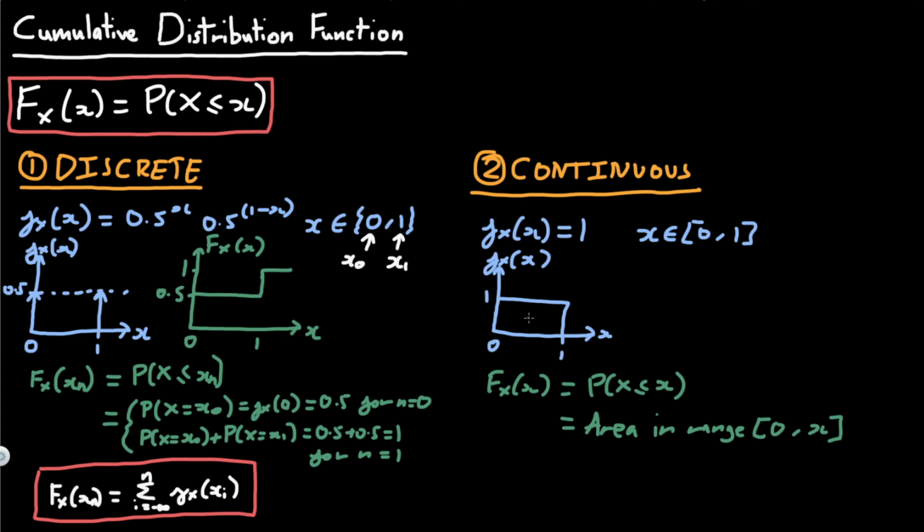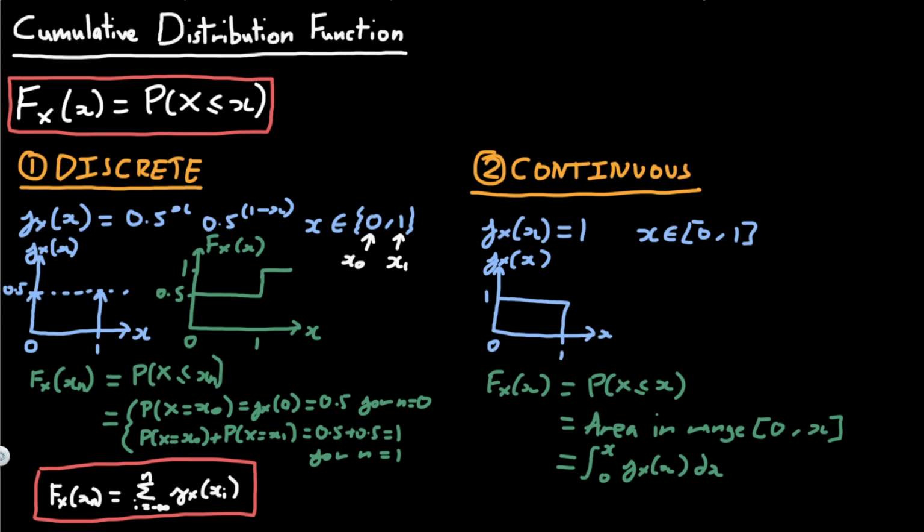The probability of picking any of those numbers is simply the area of this probability density function between technically negative infinity, but in the practical case 0, up to the number that I've chosen, which in this case was a half. And another way of writing area again is integral. So in this case it would be the integral between 0 and the number that I've chosen, x, of the density function.